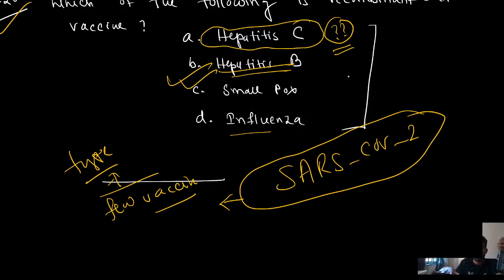Guys, can you please quickly tell me which of the following viruses shows the property of antigenic shift? Quickly tell me, it's a really fantastic question. There are four options: hepatitis B, C, smallpox, and influenza.